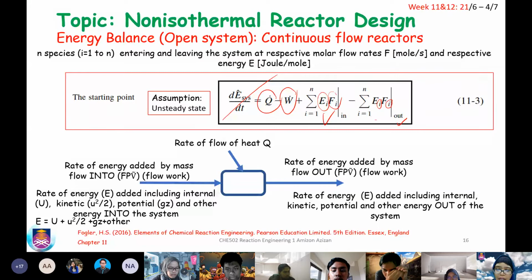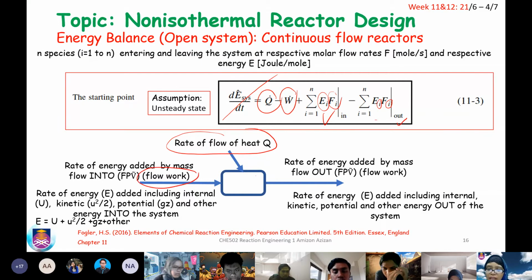Now, what you can see here is that we have Q, the rate of flow of heat to the system. Then we have the flow work entering the system, which is the rate of energy added by mass flow into the system. Then the rate of energy removed by mass flow out of the system.